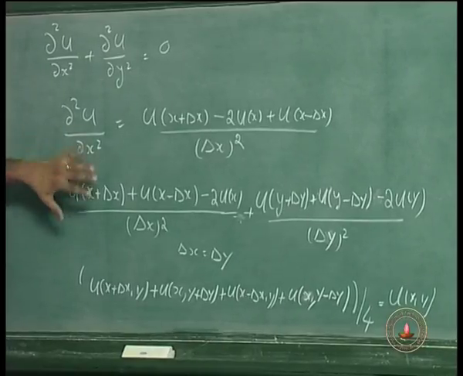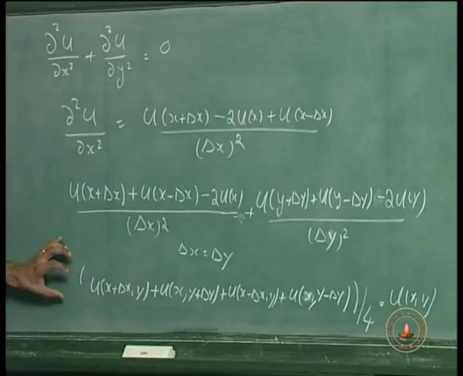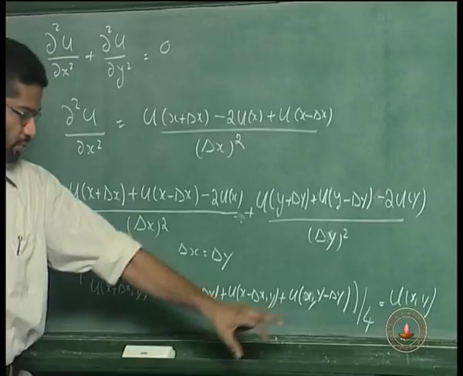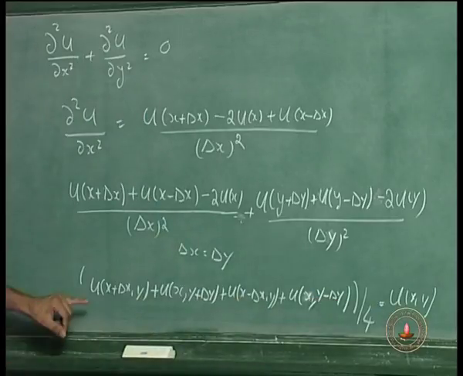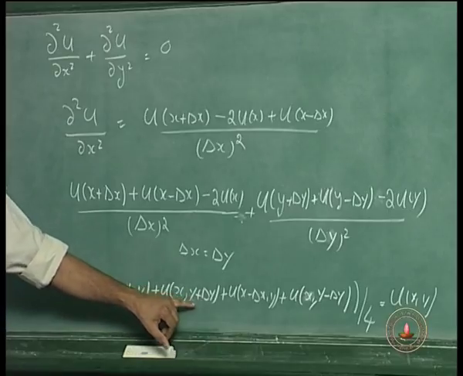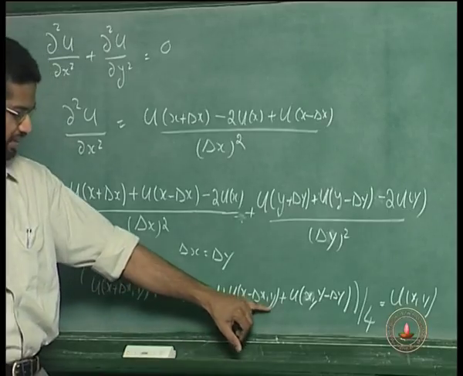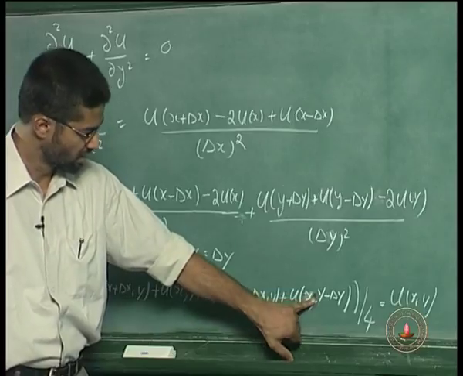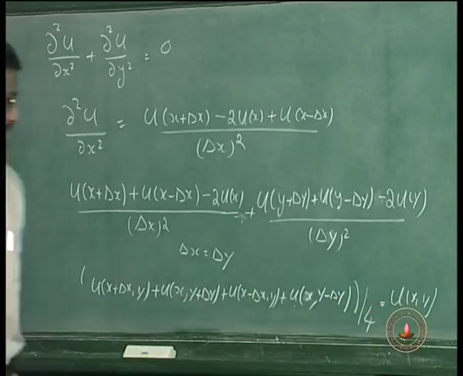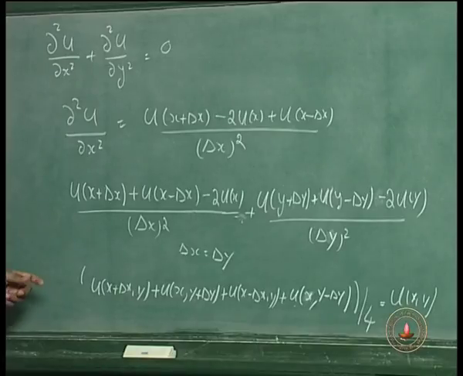I can substitute this difference equation into this and write this particular equation in this form. That is, the u at x, y is written as u at x plus delta x comma y, u at x, y plus delta y, u at x minus delta x, y, and u at x, y minus delta y, whole divided by 4. So that is what we wrote, and we solve this iteratively.